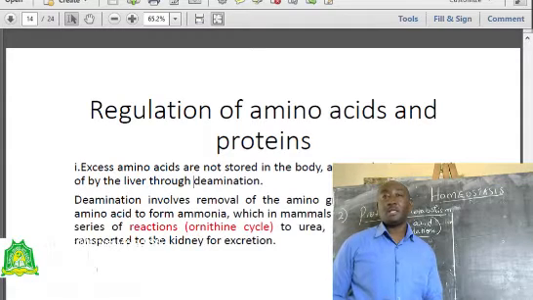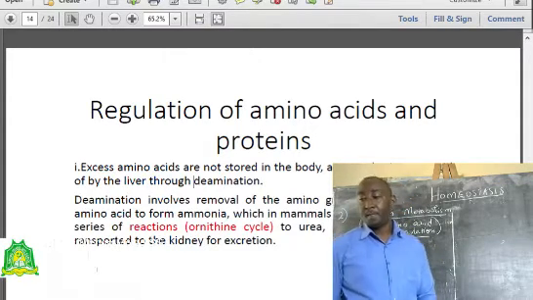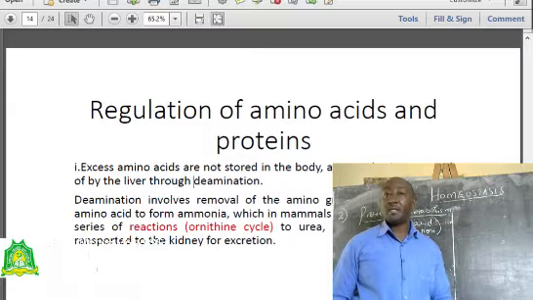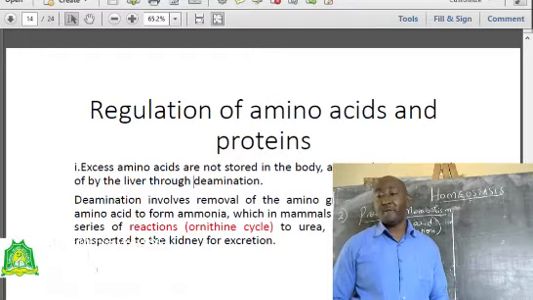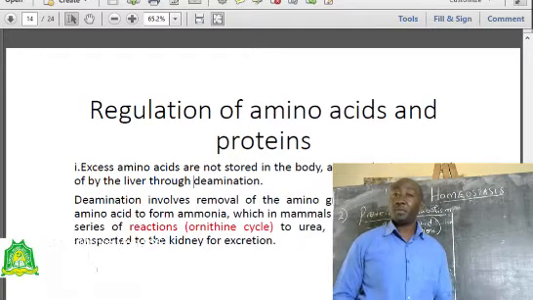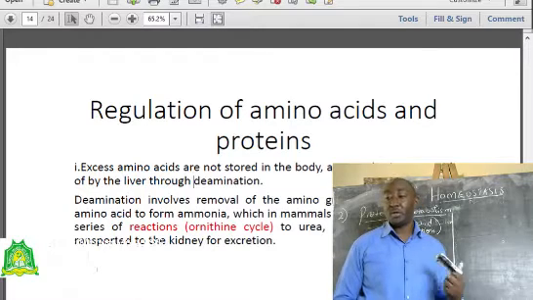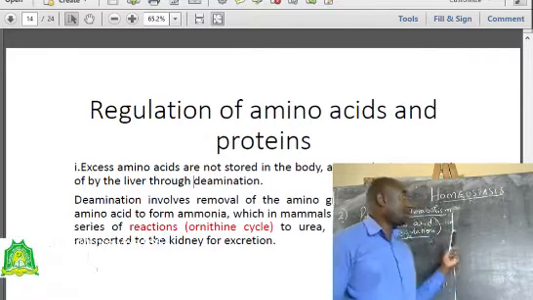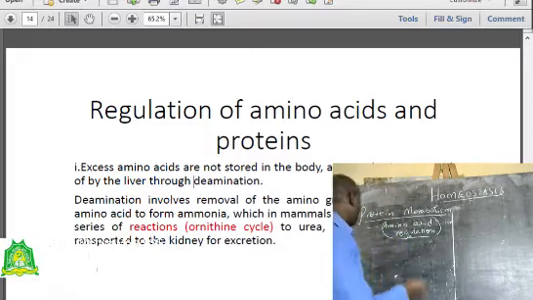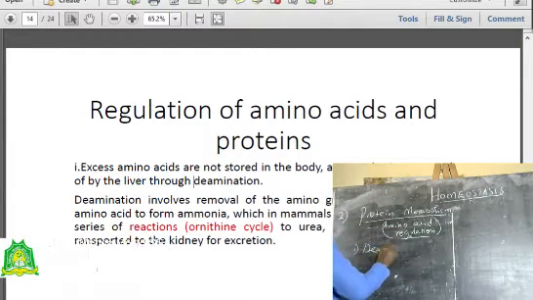The excess amino acids are not stored, but rather the supply is gotten rid of, in the liver. It involves the process of deamination, which we looked at previously.